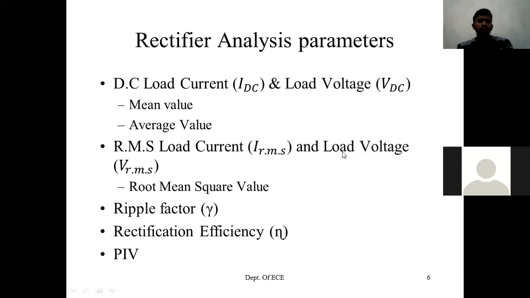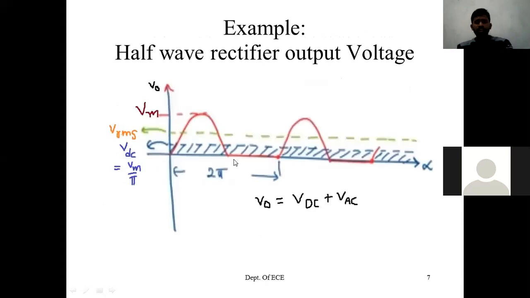In the same way, if you find the RMS value of the output voltage waveform, you will get the RMS load voltage. Same way, ripple factor, rectification efficiency and peak inverse voltage. We will see all of these in a little more detail.